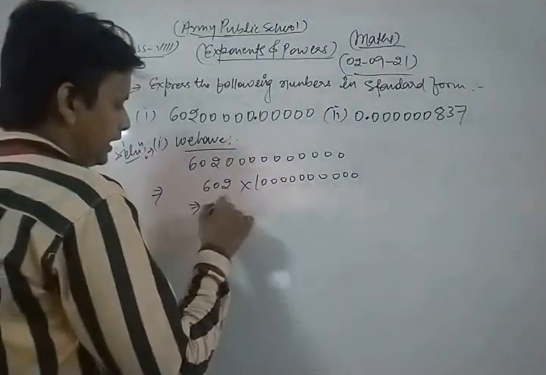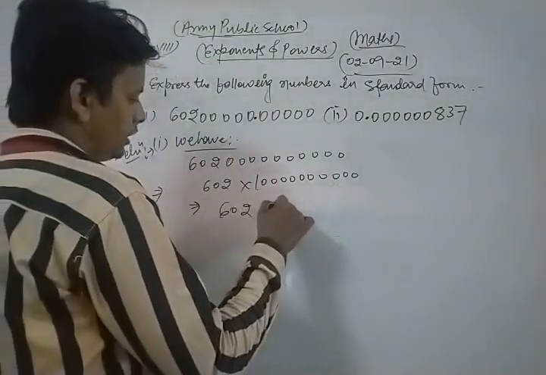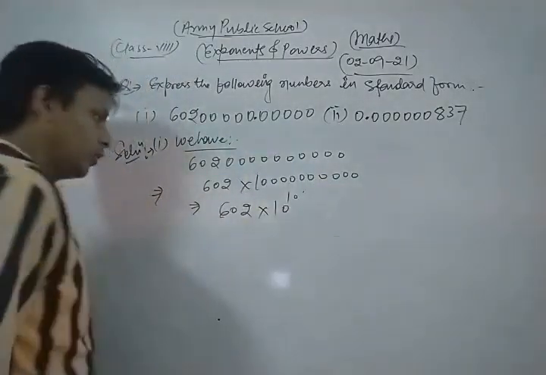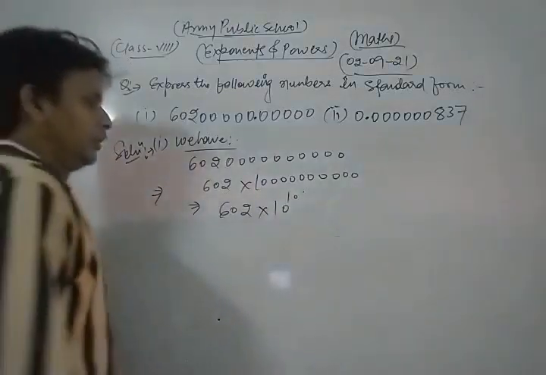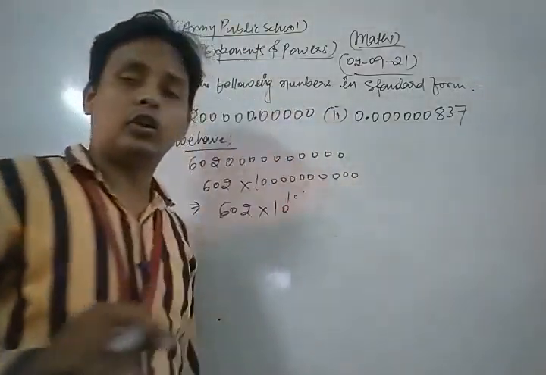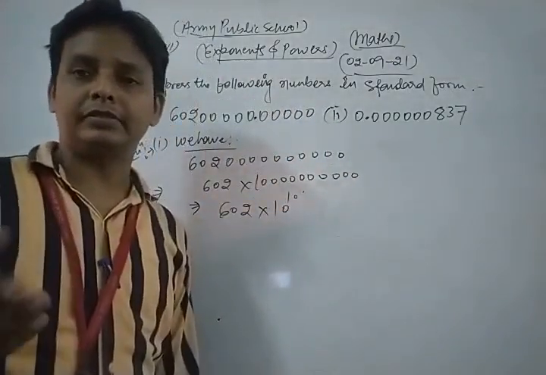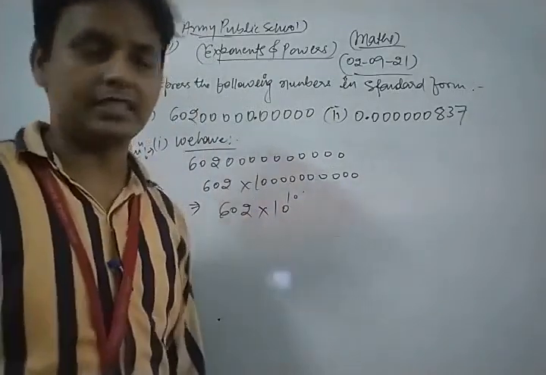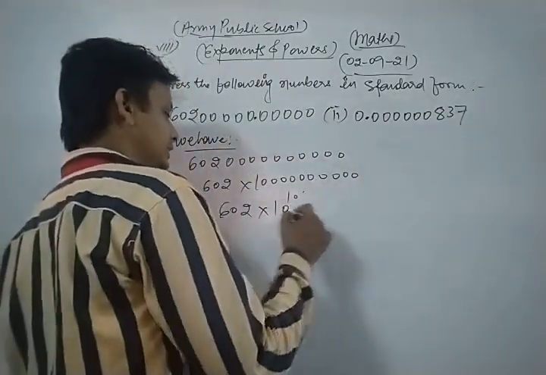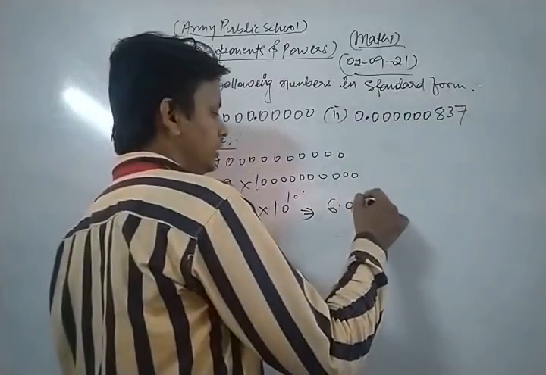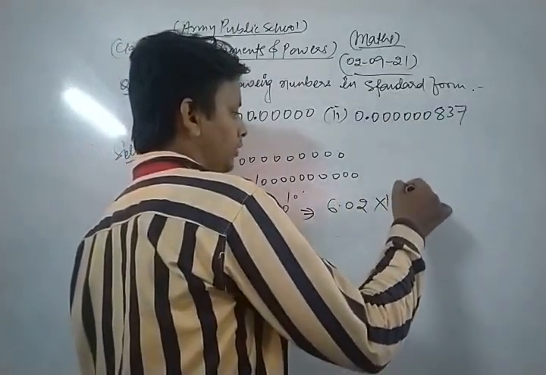So we can write 602 into 10 to the power 10. Now in standard form there is only one digit on the left side of the decimal.